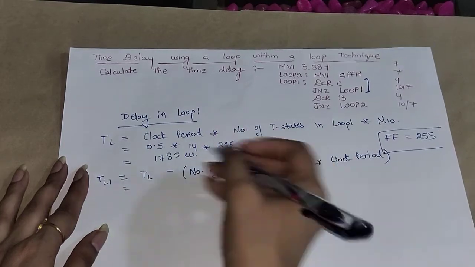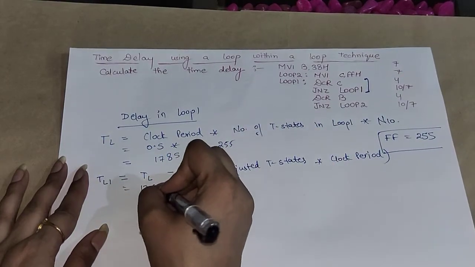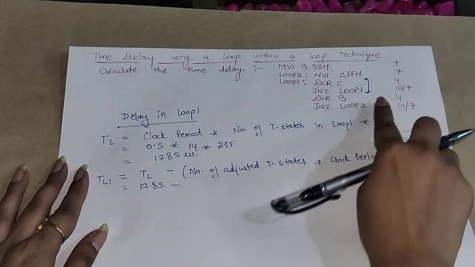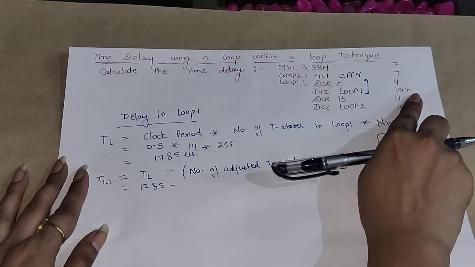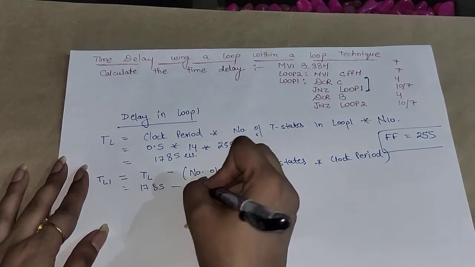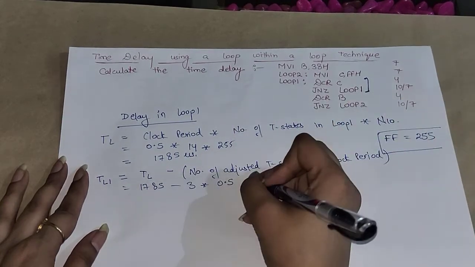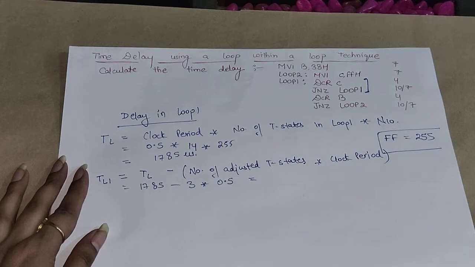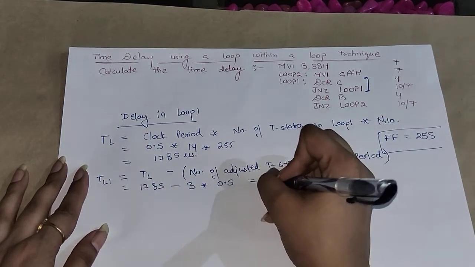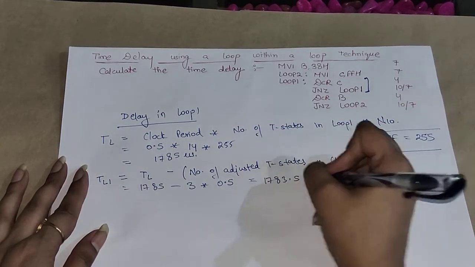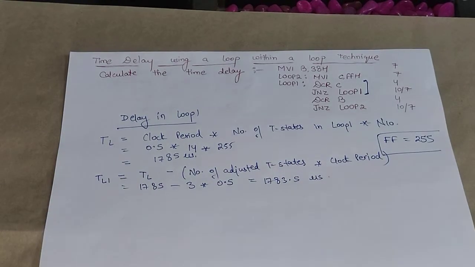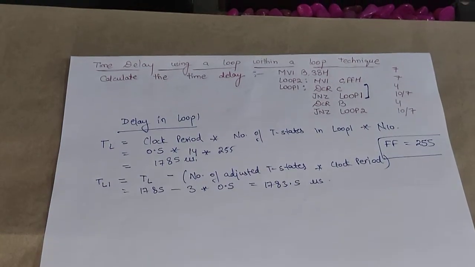That means TL 1785 minus the number of adjusted t states. Adjusted t states 10 minus 7, that means 3, multiplied by clock period 0.5. So this is equivalent to 1783.5 microseconds. So this is the delay in loop 1.